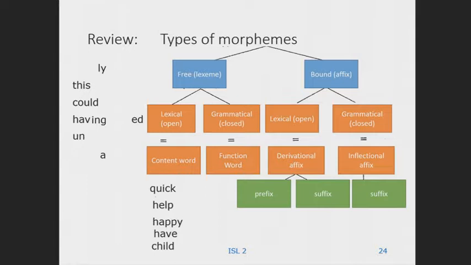So our function words then are this, yes. Could, indeed. A and, as we just said, have. Yep. Then we've got derivational affixes. So remember, derivational are the ones that derive a new lexeme for us.